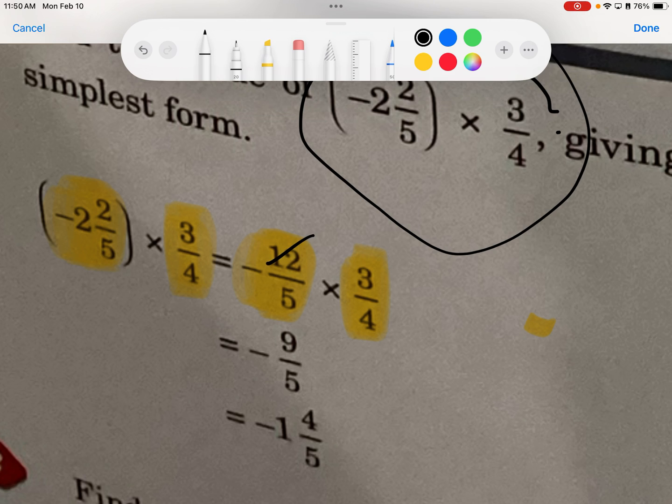We can simplify this. So then we end up with 3 times 3 is 9/5, and the negative still stays. So then when we turn this into a mixed number, we get -1 and 4/5.